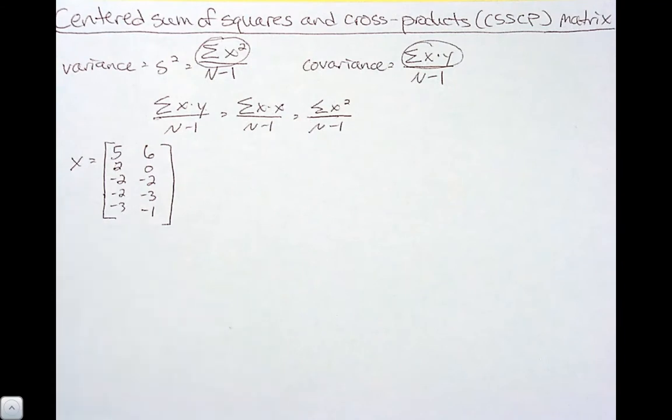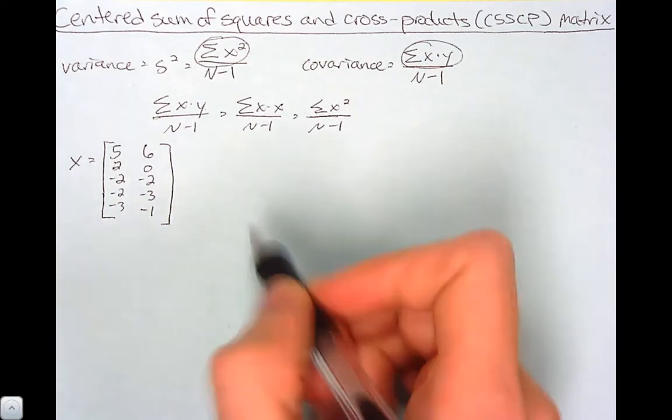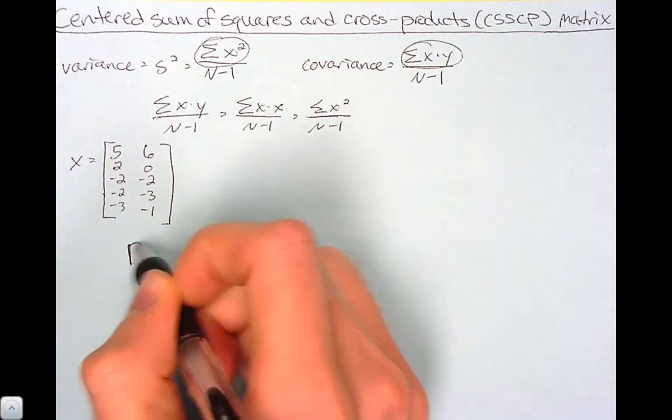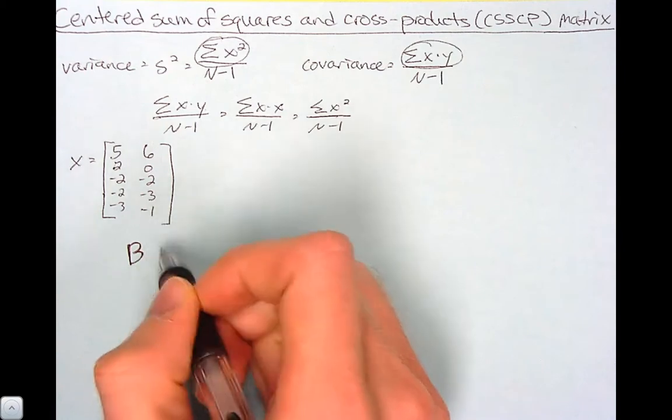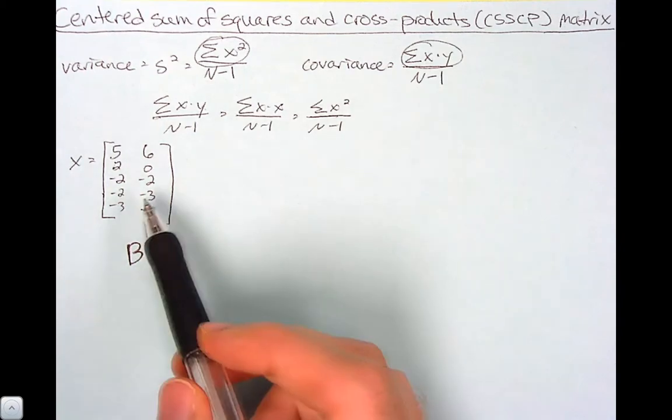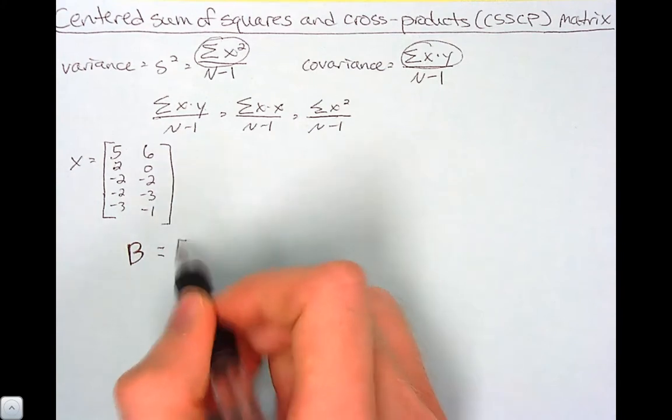You pre-multiply this by its transpose to get the sums of squares for the 2 variables in the diagonals of the resultant matrix, and we will call it B. So let's have a matrix B here. And once again, you pre-multiply this by its transpose, so the transpose would look like this.